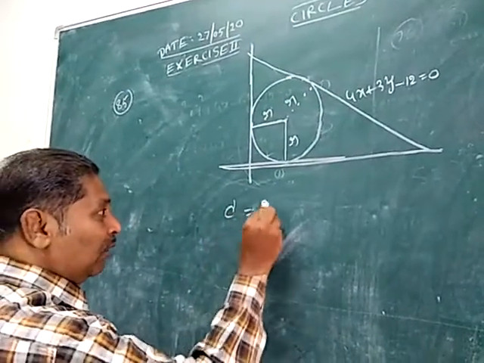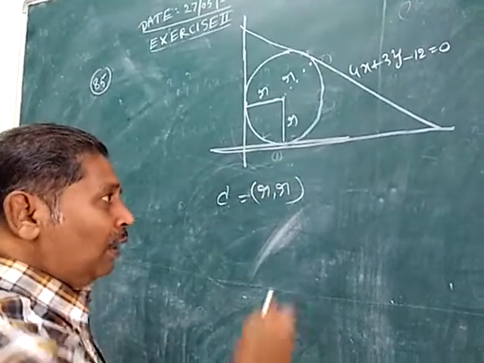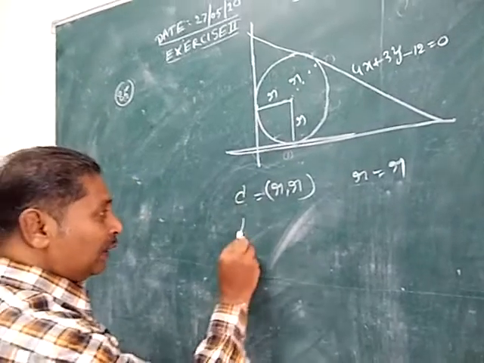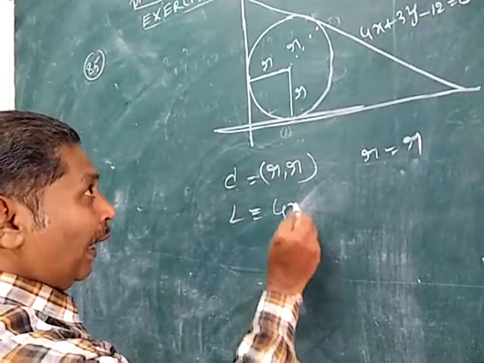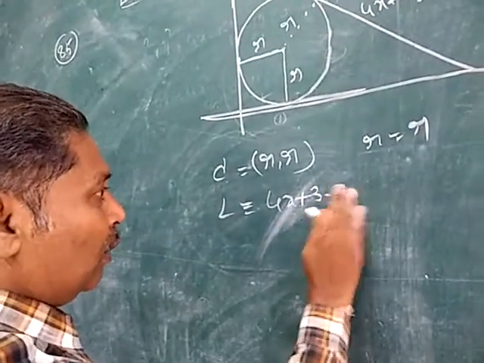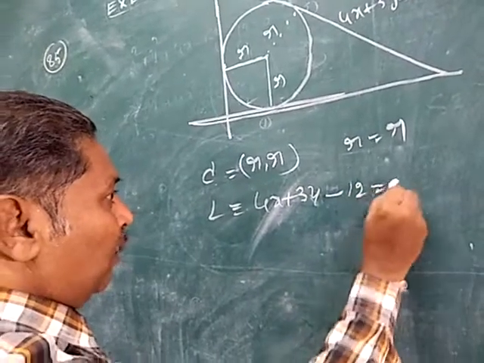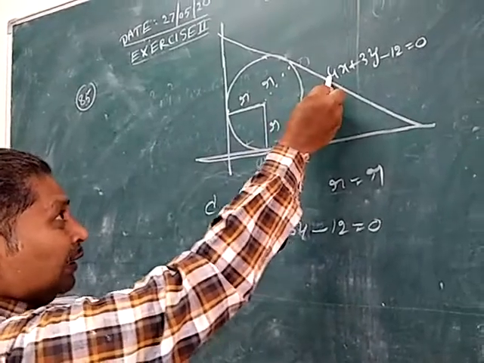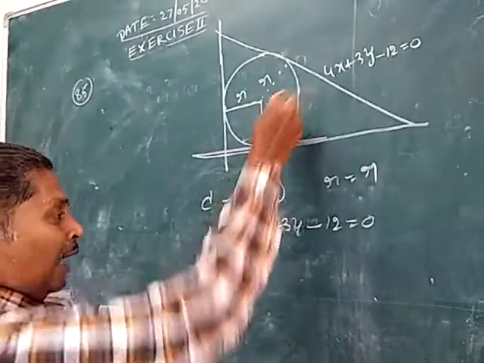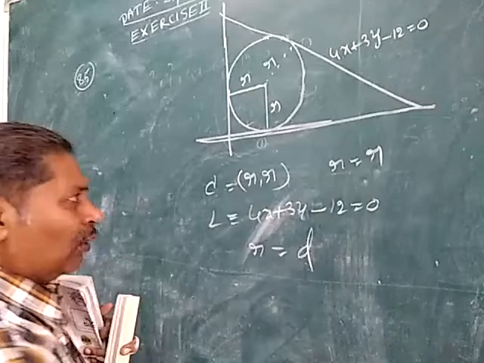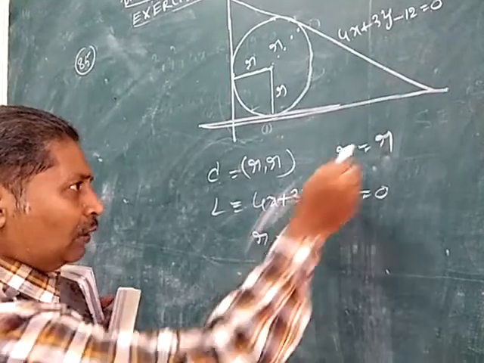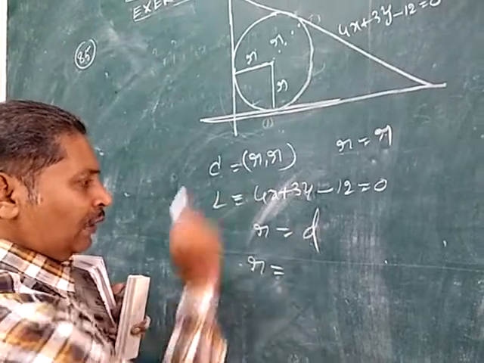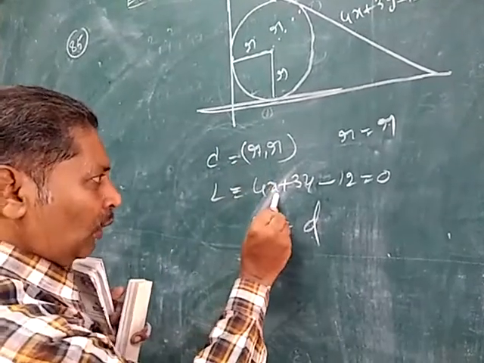Then the center C is (r, r) and the radius is r. The given line is 4x plus 3y minus 12 equals 0. This line is a tangent to the circle. So the tangent condition is r equals d, where d is the perpendicular distance from the center to the line.